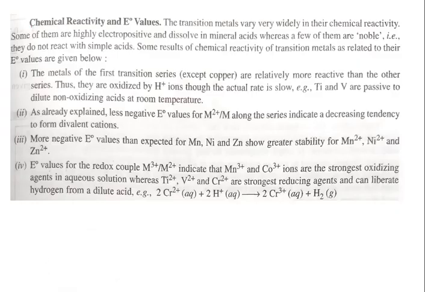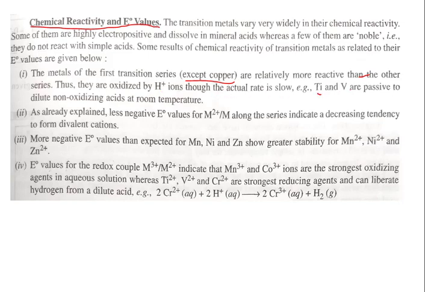The next one is chemical reactivity versus electrode potential values. How can we determine the reactivity of the transition elements on the basis of their standard reduction potential values? Some points are given as per their E0 values. For example, the metals of the first transition series, with the exception of copper, are relatively more reactive than other series elements. They are oxidized by H+ ions, although the rate is very slow.